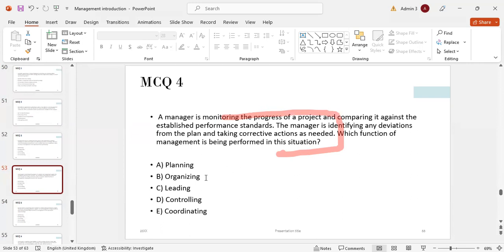Option B, organizing. Option C, leading. Option D, controlling. Option E, coordinating. The answer is controlling.